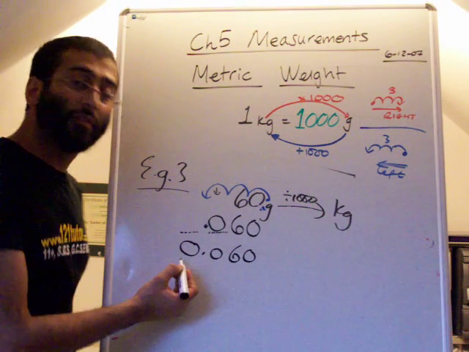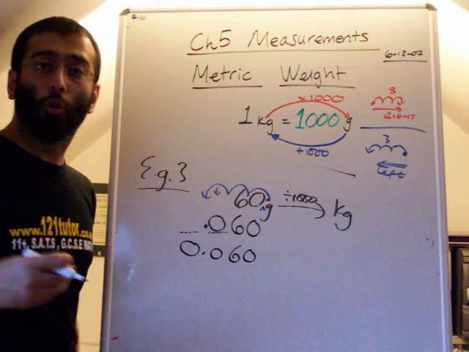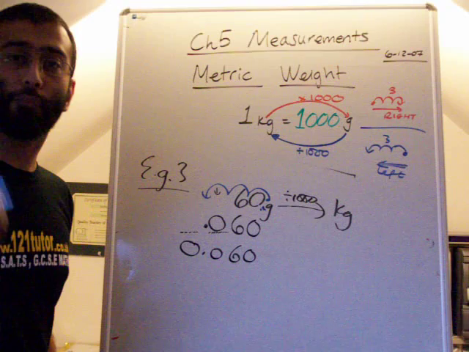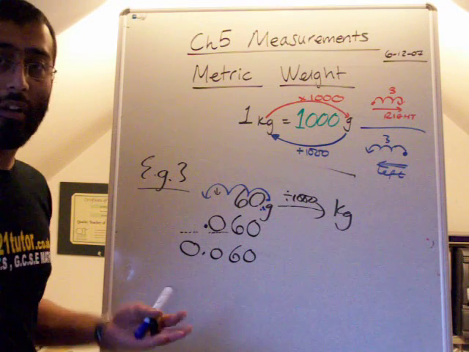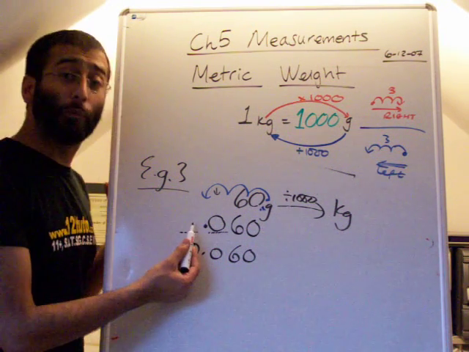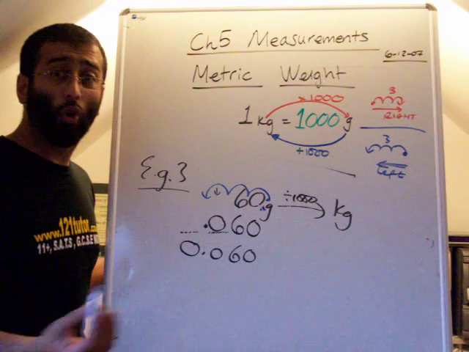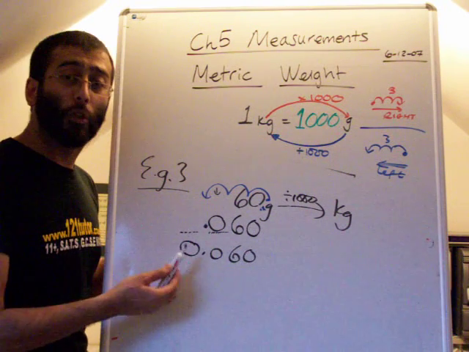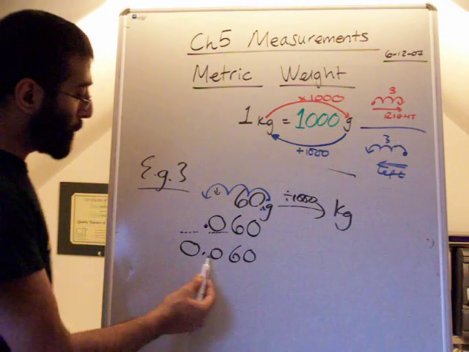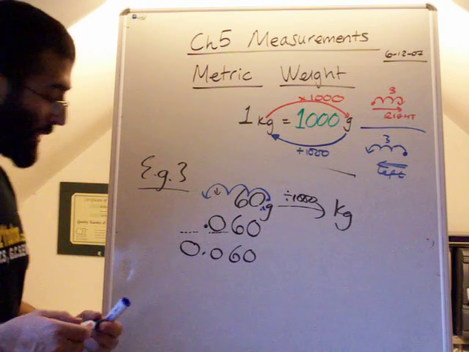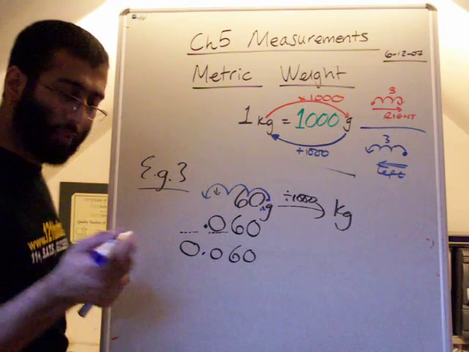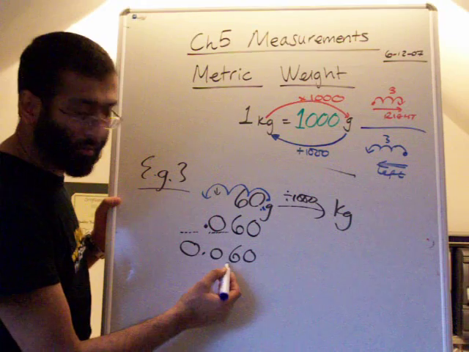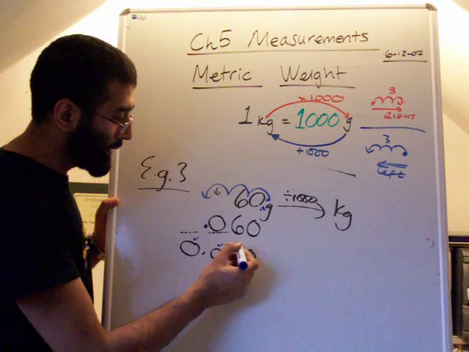So that 0 there is very important. When we say the number, look at the number, it looks like a finished product. It doesn't look like we've left it in a hurry and missed something out. That looks like something's missing. What was it? Was it a 1? So it's important that we put the 0 down. So we have 0.060. Let's read the number properly: 0.06. That 0 is important.